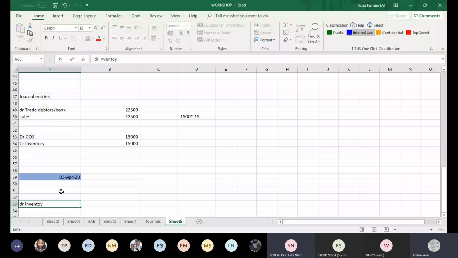Your trade payables, 12,360. Okay. I'm not going to do all of them because you obviously know how to do the journal entries. Let's move on.